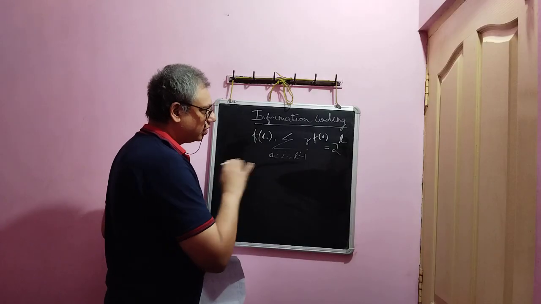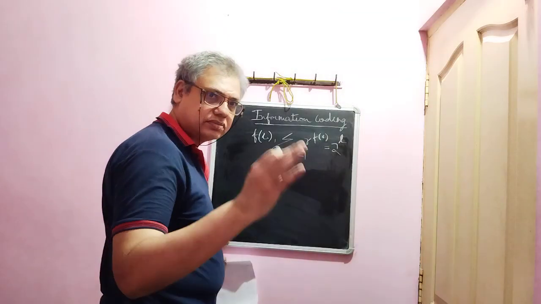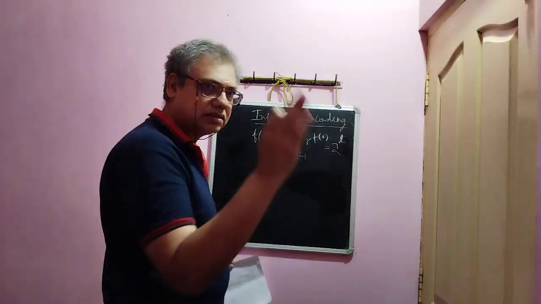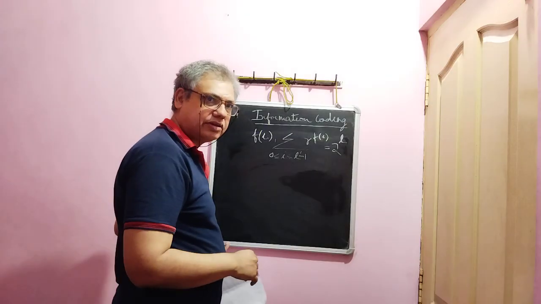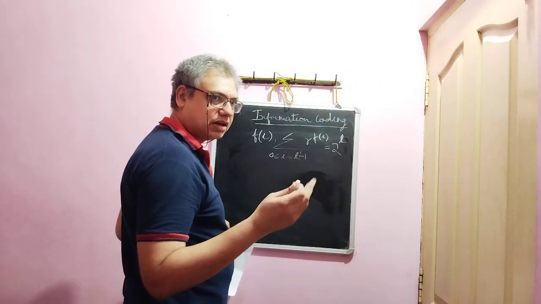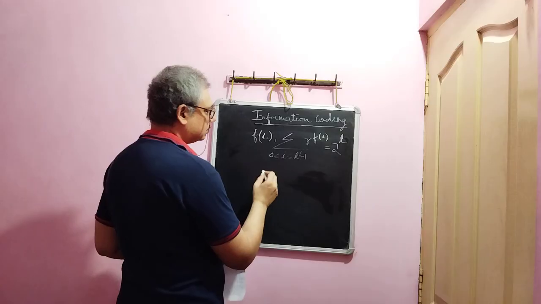Now we know that if the weights must add up like that, then the next weight, the I plus 1th weight, that is the next leading weight, must be twice the value of the previous one, right?